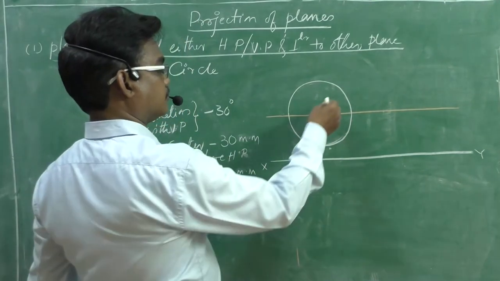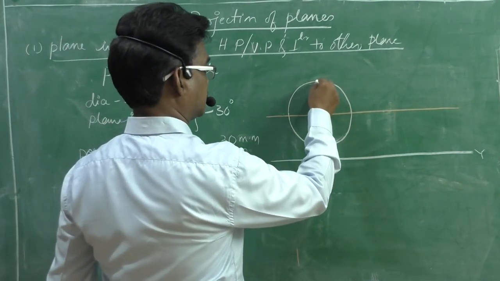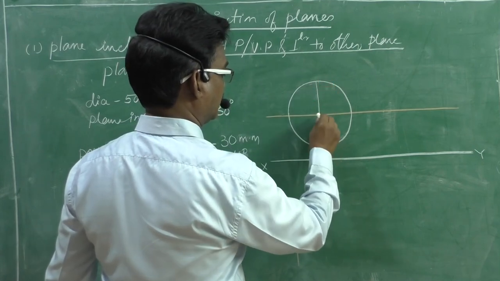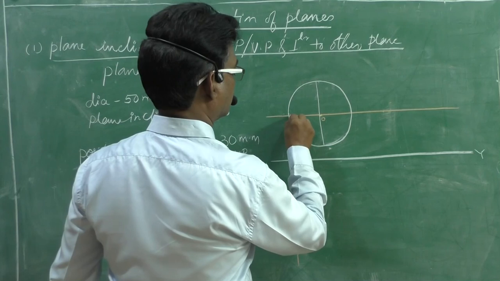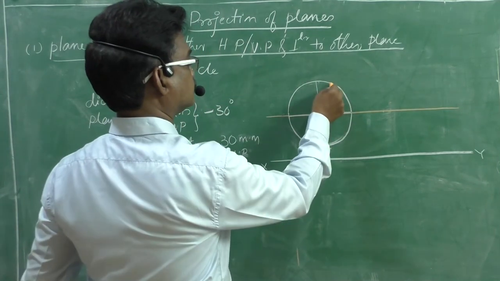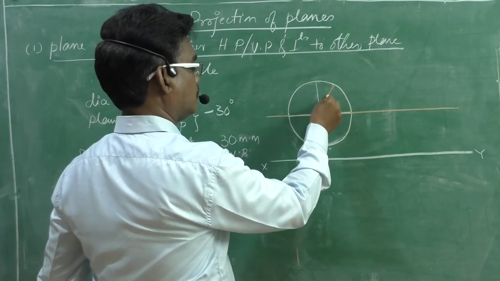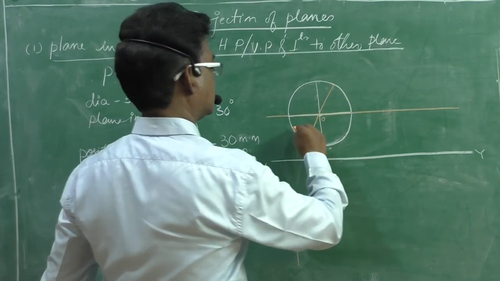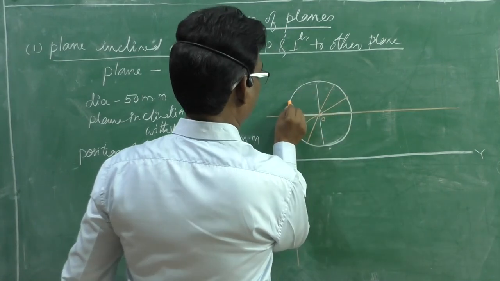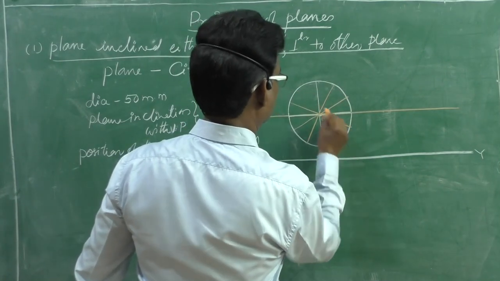Therefore, we need to divide this circle into a number of equal divisions. Let it be 12. By taking 30 degrees, we can divide this circle into 12 equal divisions.